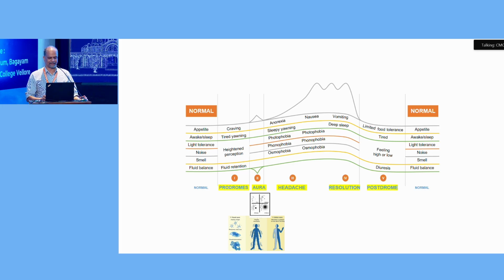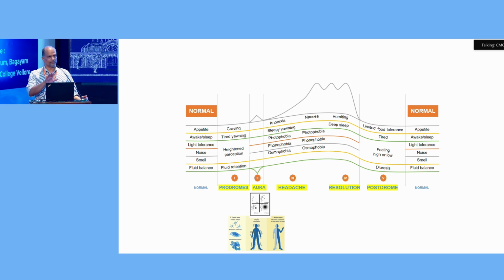They feel tired and take some time to recover, and then they become normal. Even when they are normal, patients with migraine can have small symptoms like light intolerance, noise intolerance, feeling bloated, etc. So these are the phases of a typical migraine.